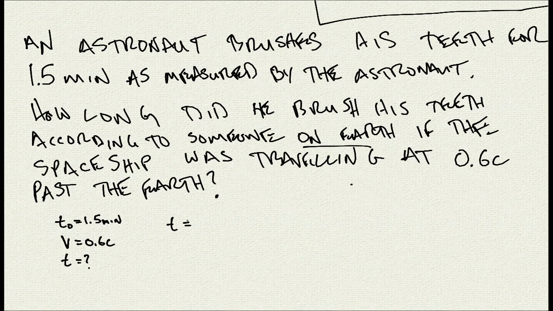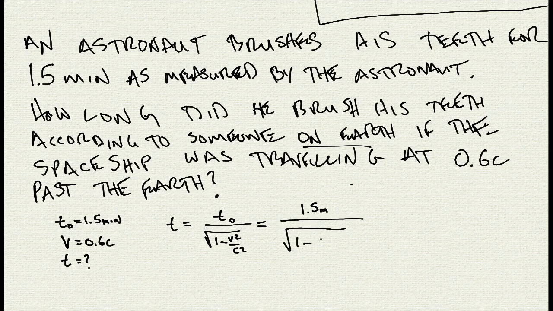So I say t equals t naught divided by the square root of 1 minus v squared over c squared. And so therefore, I end up with 1.5 minutes in the numerator, divided by the square root of 1 minus 0.6 c all squared divided by c squared.